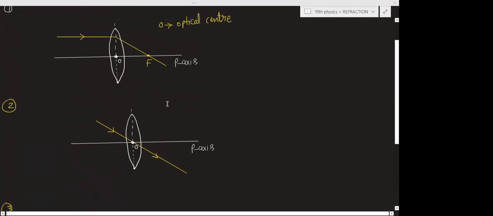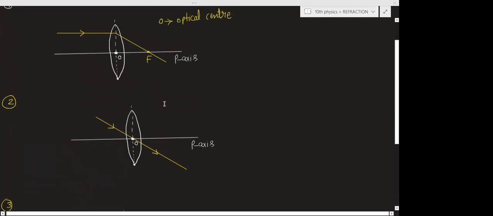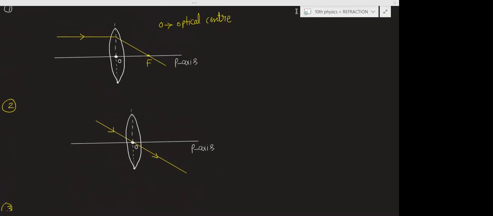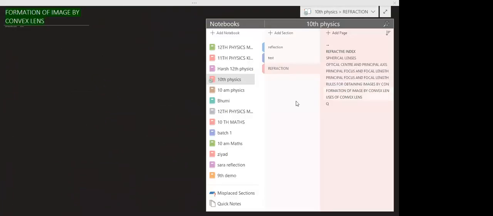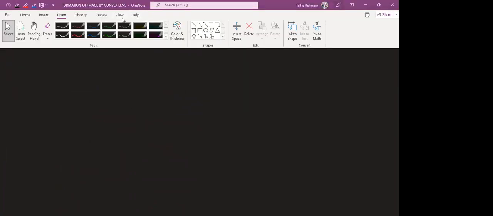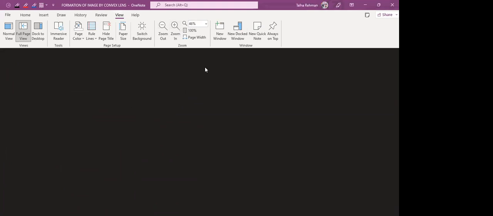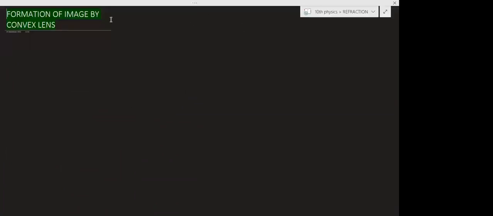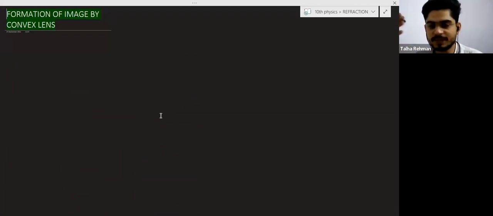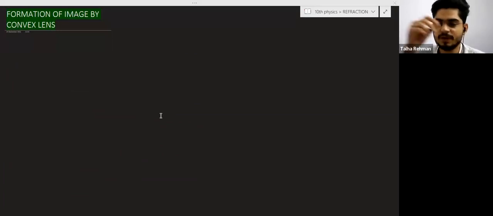So these are the three rules we have to follow in the image formation. Now write the heading: formation of image by convex lens. How will the image be formed? When you place the object in front of the lens, rays from the object will be refracted by the lens and we will get the image.